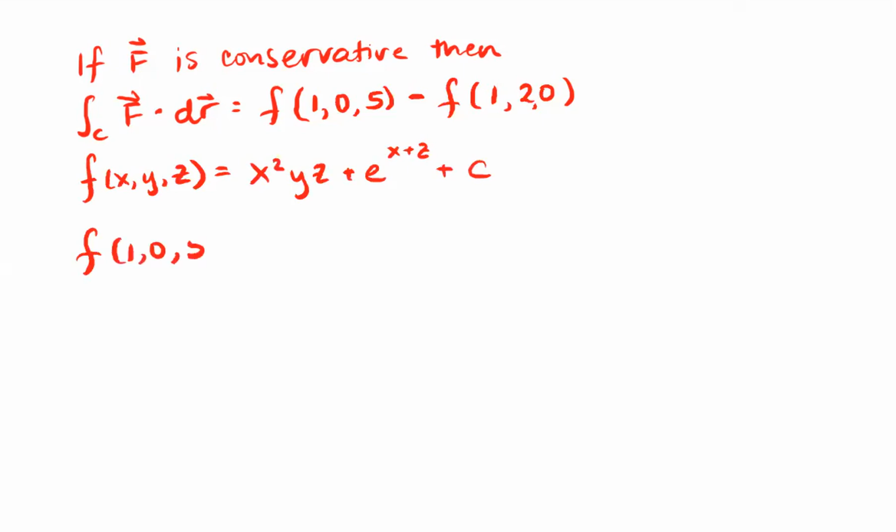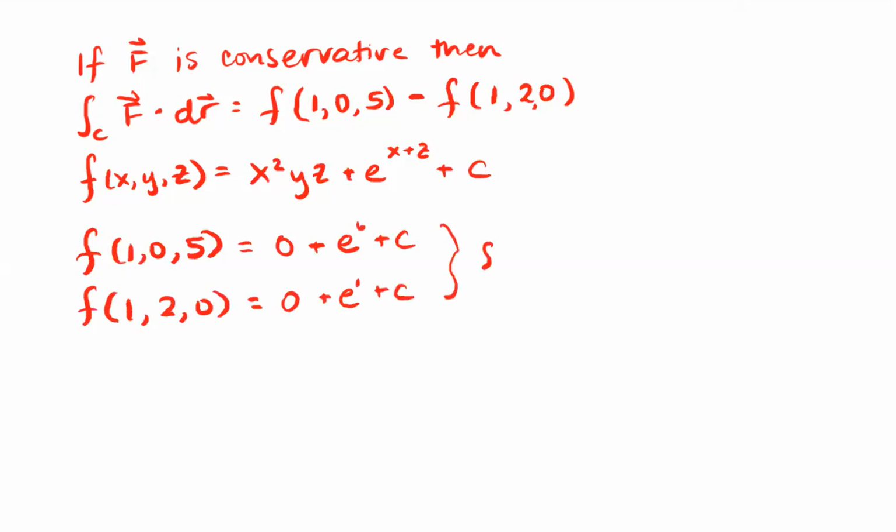F at the first point is 0 plus E to the 6th, and then F at the second point is 0 plus E to the 0. No, wait, hold on, 1, E to the 1. So then the line integral over C of F dot dr equals E to the 6th minus E. Ta-da.